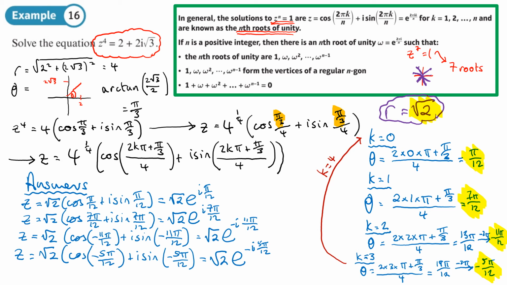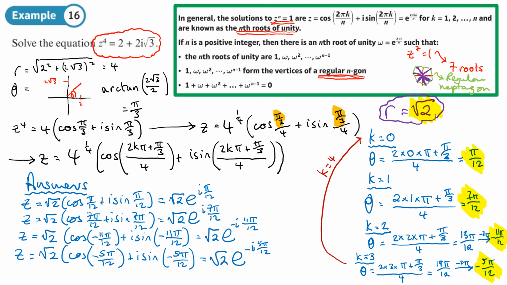But if I were to join those ends up, like this, I would have drawn a regular, is it heptagon? Yeah, 7 sides, a regular heptagon. And that's this bit of information down here about all of these roots forming this geometric shape, heptagon.